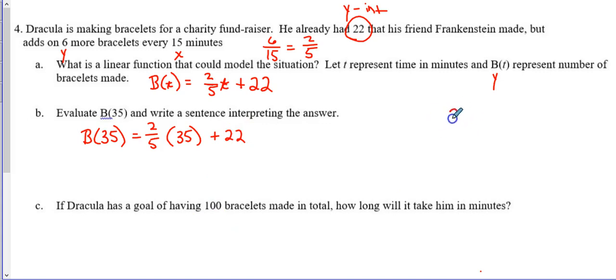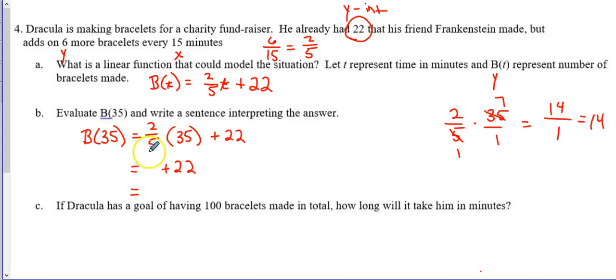If I multiply that times 35 over 1, my 5 and my 35 can be simplified. If I divide both of those by 5, I get a 1 there and a 7 there. Then I just multiply what's left over. 2 times 7 is 14, and 1 times 1 is 1. So this part of the math equals 14.